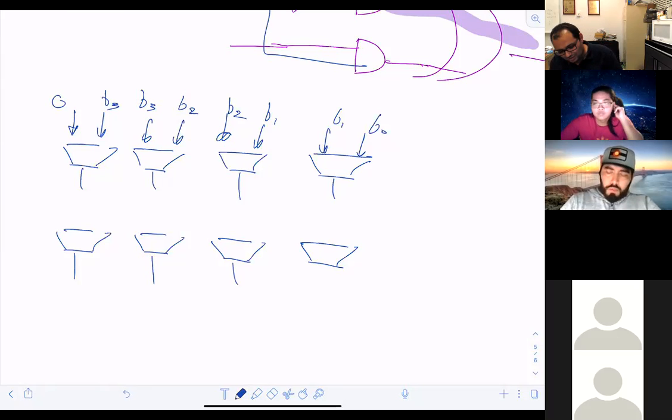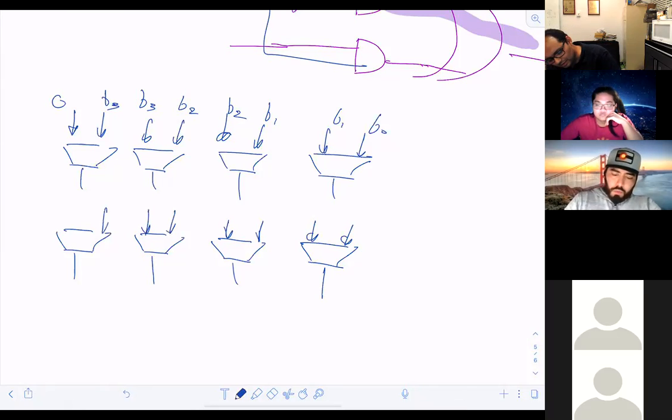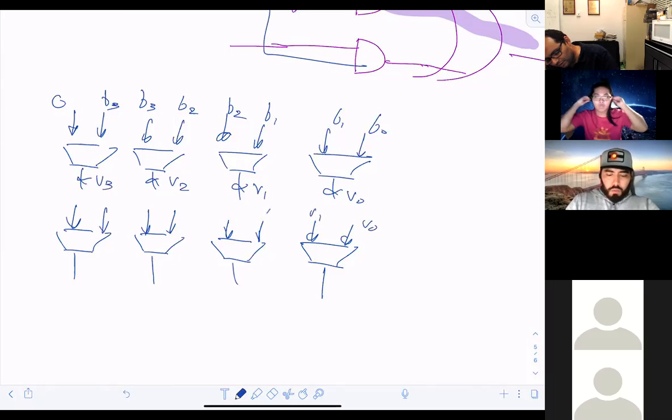Okay. So they're going to be here like this, and then you will just go here like this. I will show you how you can make it automatic. And then you go like this, and they're going to be V0, V1, V2, V3.